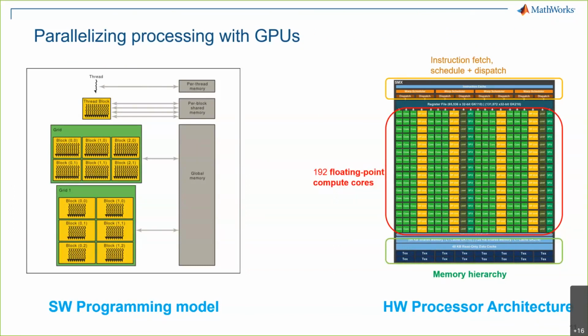But for parallelizing processing with GPUs, just to give you a sense of what a GPU is, under the hood you can think of it as a multiple core computer. But in this case, it's not 4 cores or 8 cores. It's like 1,000 cores, 2,000 cores, or whatnot. So that's the hardware standpoint. And from a software standpoint, the way things are processed in the GPU is at a thread level.